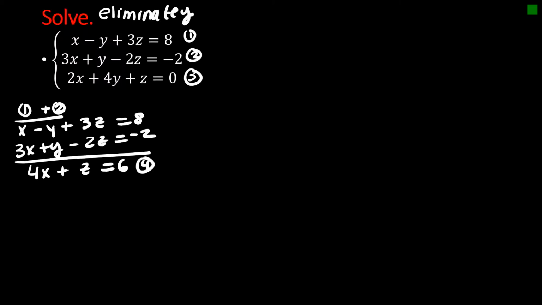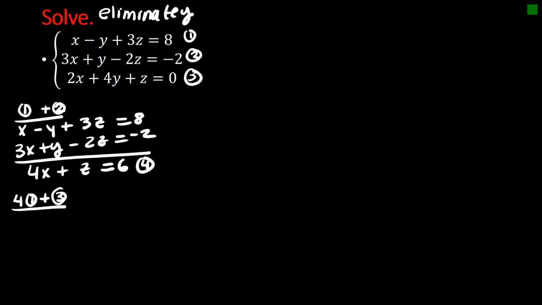Next, I am going to look at equation 1 and equation 3. If I have a negative 4y in equation 1 and a positive 4y in equation 3, then when I add those together, it goes away. So in order to do that, I'm going to need 4 times equation 1 plus equation 3.